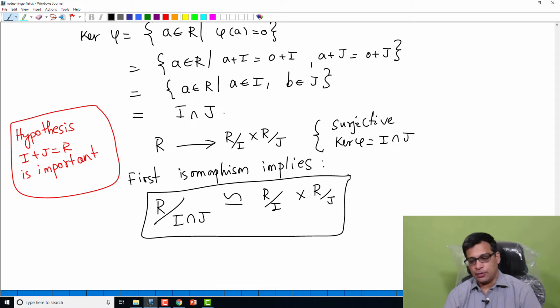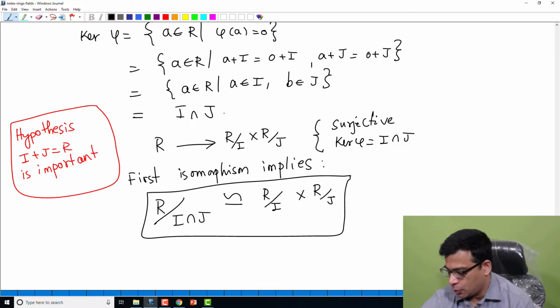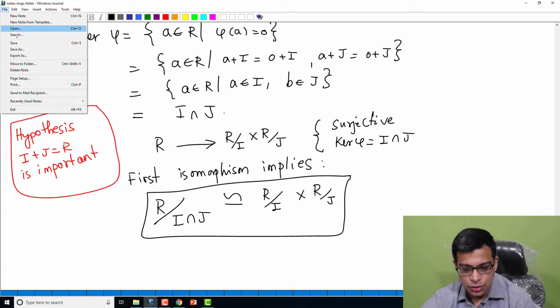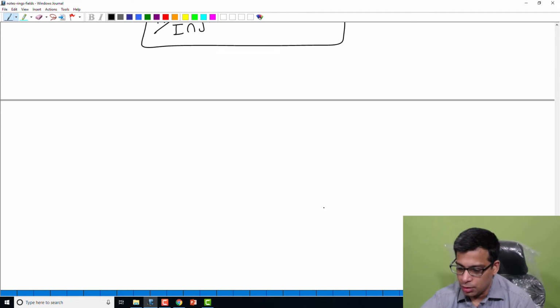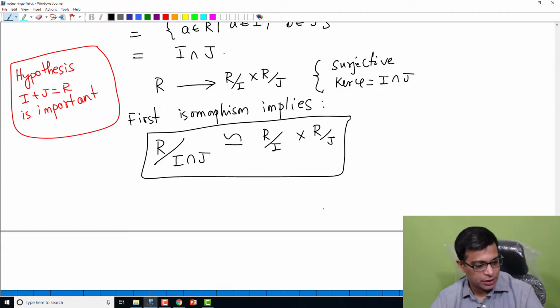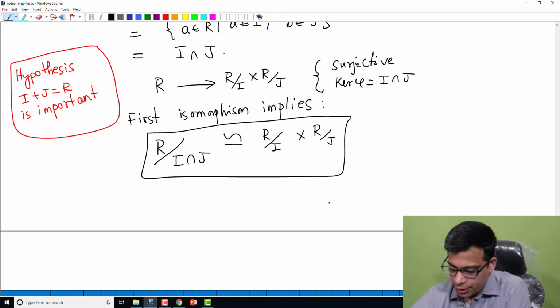If I plus J is equal to R, the quotient ring R mod I intersection J is just the product ring R mod I cross R mod J. So this is the conclusion of the Chinese remainder theorem in some sense. Okay, so now I'll continue with the problems.